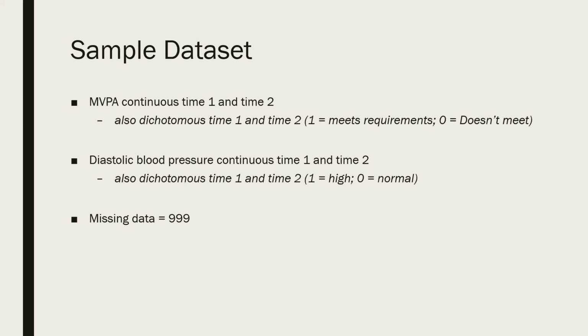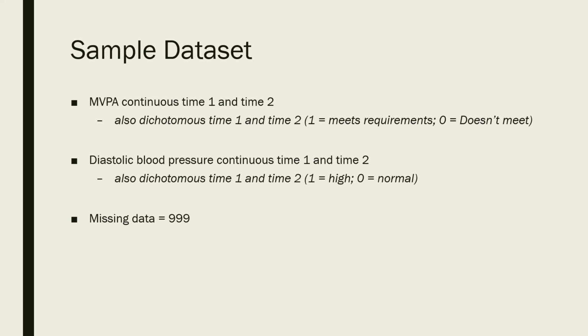But if you do decide to use this to practice your bivariate analyses, make sure that you label it. So go in there, look for MVPA, continuous time 1 and time 2. You should label especially the dichotomous one. So go into MVPA dichotomous time 1, and you're going to label 1 equals meets the requirement, 0 equals doesn't meet.